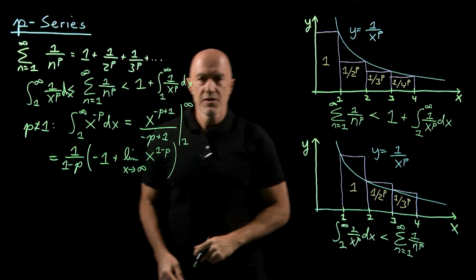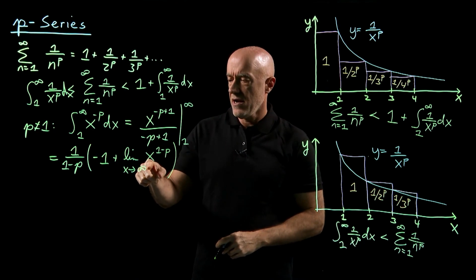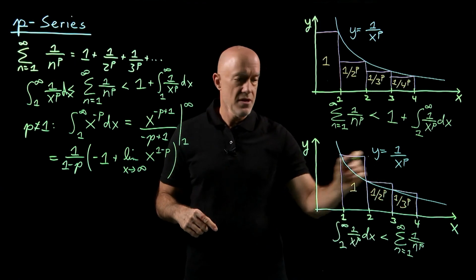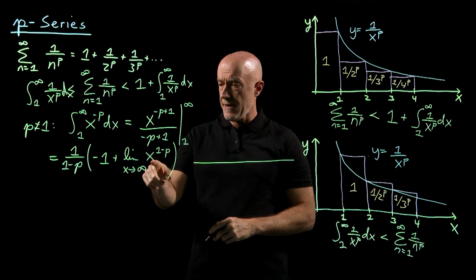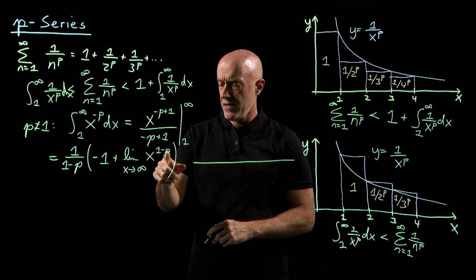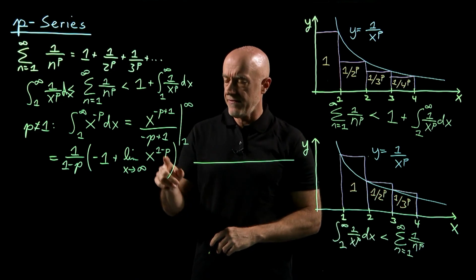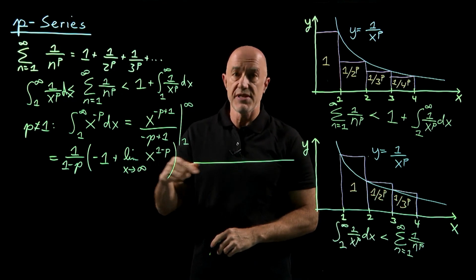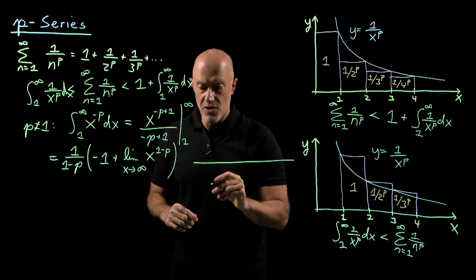Okay. So the question is then, when does this limit here diverge, and when does it converge? So we can look at that. If p is larger than 1, then the exponent is negative. So then as x goes to infinity, it goes to 0, so the integral converges. So there's two cases.